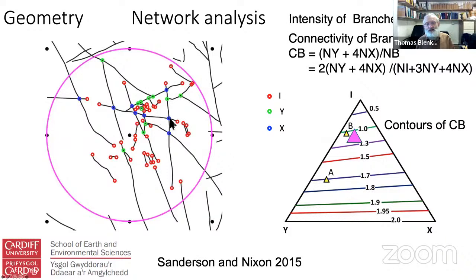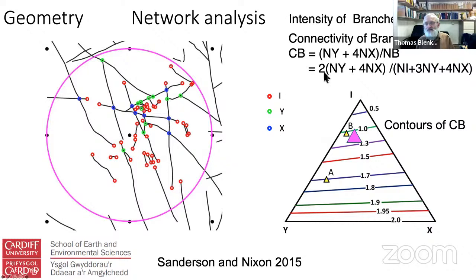Now, fairly obviously, the more X and Y nodes there are, the more connected the network is. And we can use a parameter called the connectivity of branches, which is given by this formula up here, which simply involves us counting within our sample circle the number of Ys, the number of Xs, the number of Is, and deriving an index of connectivity.